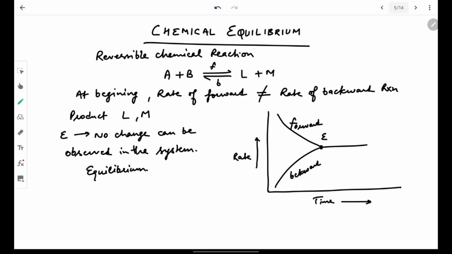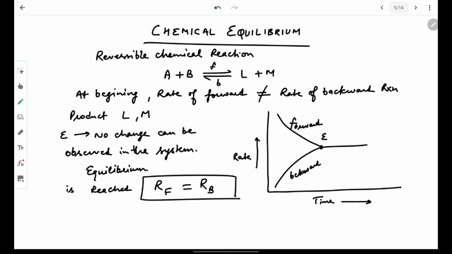Sometimes it is said that equilibrium is reached when the rate of the forward reaction becomes exactly equal to the rate of the backward reaction. But it is more appropriately said that equilibrium is reached when the rates of the forward and backward reactions do not change with time.